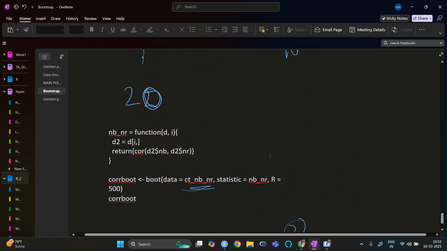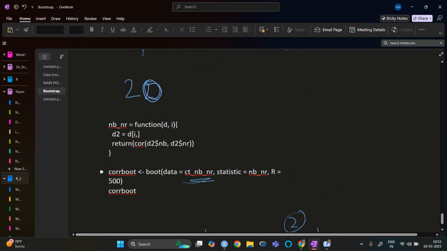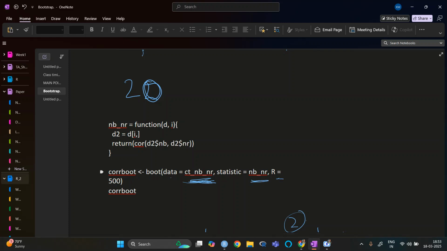Now inside it, what have I given? I have given the data, which is CT, NB, NR, and the statistic as this, R is this. So the statistic is NB, NR.